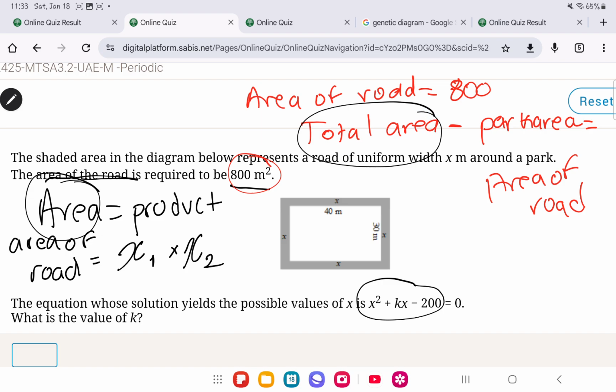The total area is a bit confusing because they gave us both sides of each dimension when they were talking about the road. So they gave us this one and this one and this one and this one.